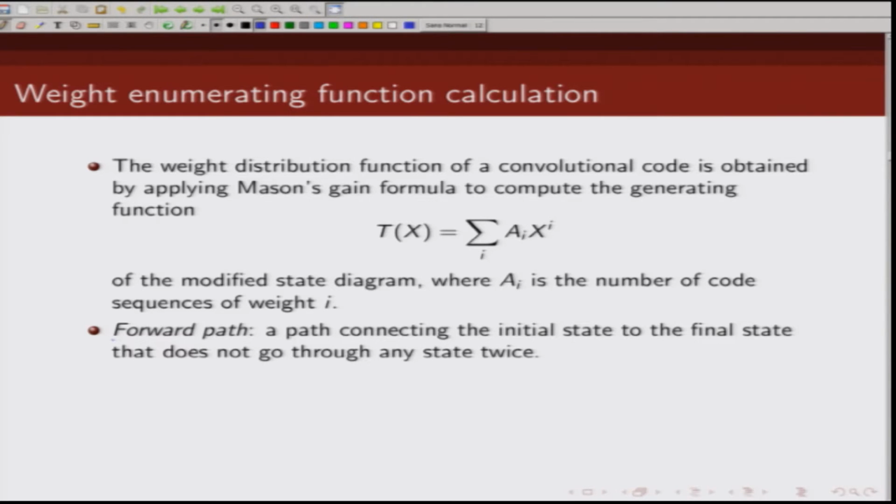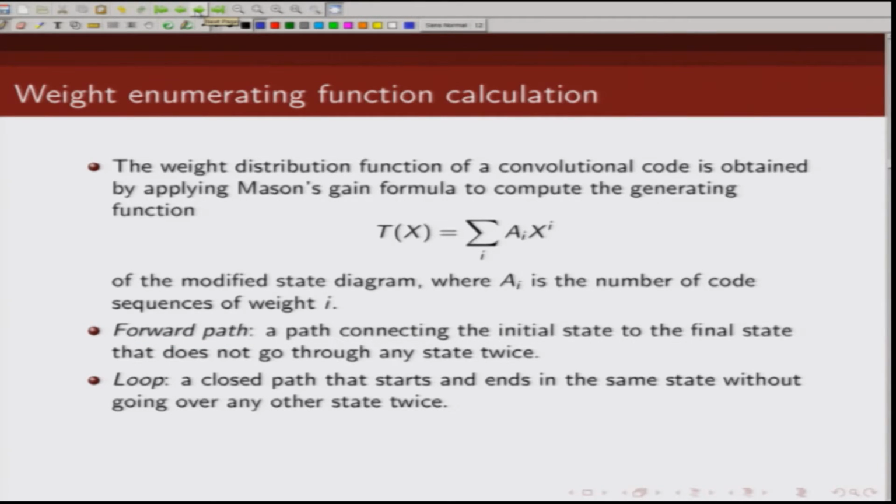The first term is what is known as forward path. A forward path is a path from the initial all 0 state to the final state, and the condition is that this path should not go over any state twice. That is our forward path.